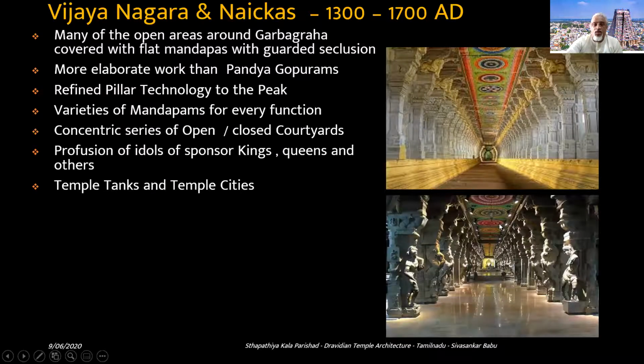And the Madurai 1000 pillar mandapa, which is adorned by sculptural pillars, and this is by the extended vertical pillars. So the technology to build these wider pillars allowed them to create mandapas with wide angles and a grand space.